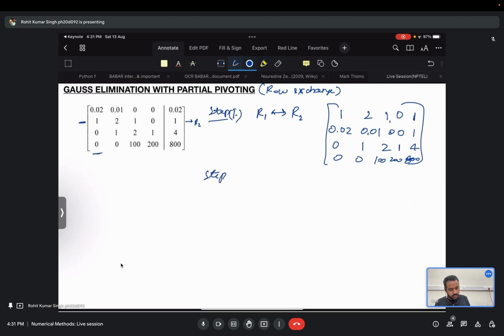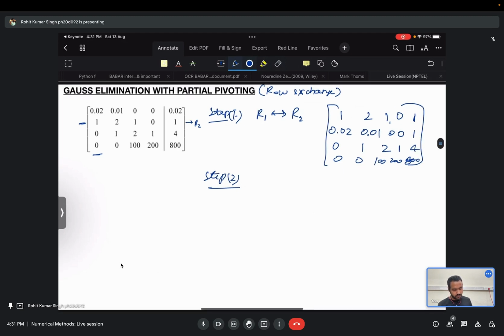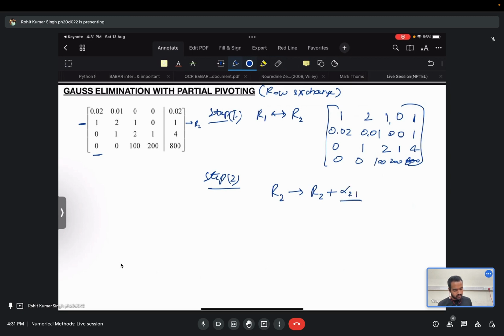In step 2, you have the same Gaussian elimination technique. So what we do there, we take R2, R2 goes to R2 plus alpha 21 R1, right?